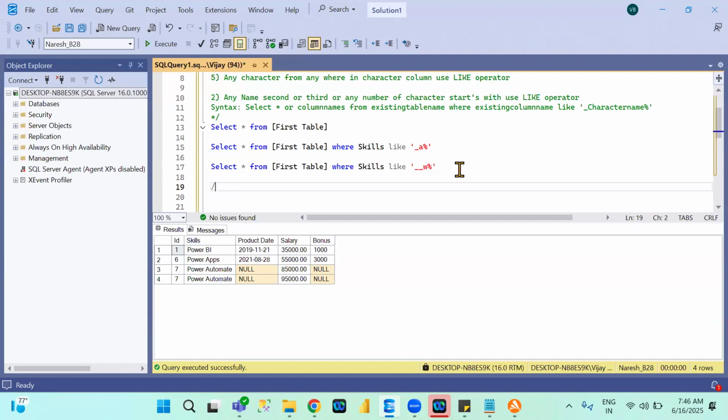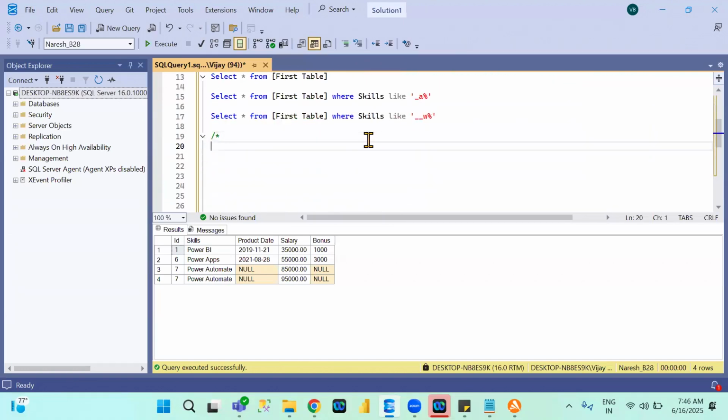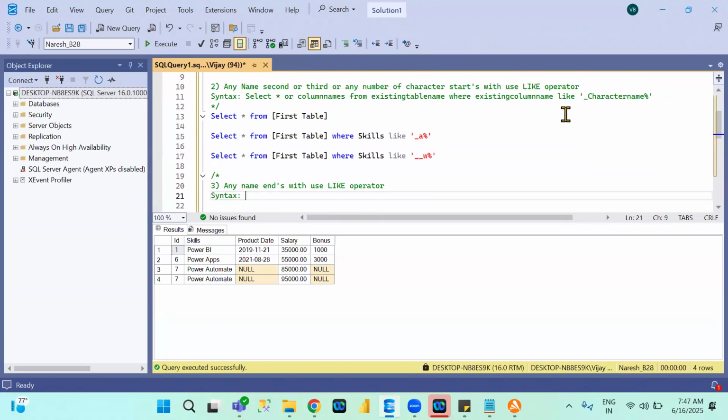Any name that ends with something, how can you write it?